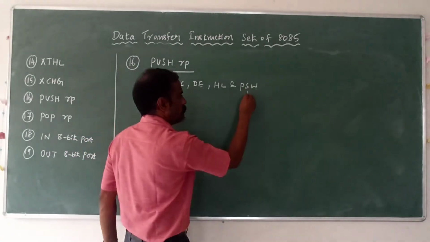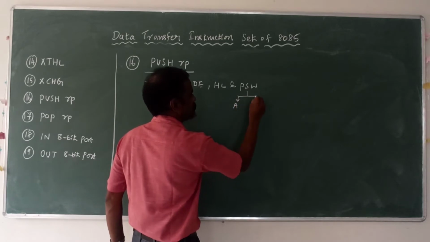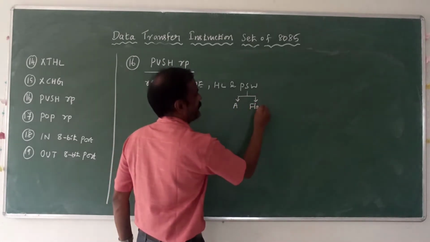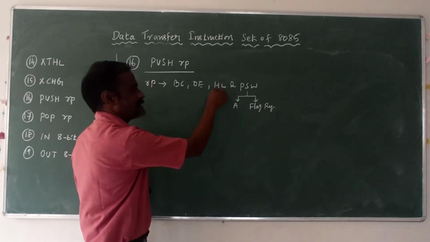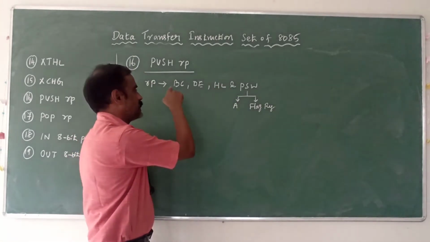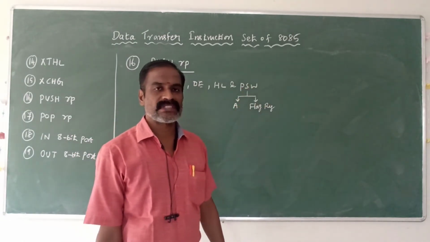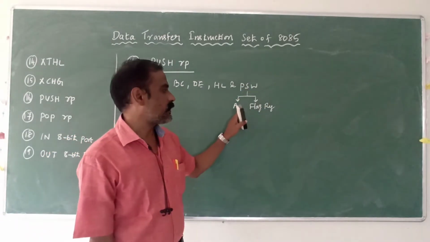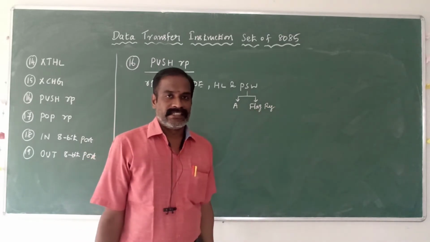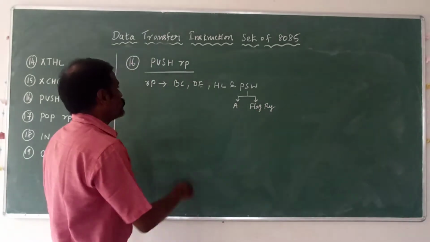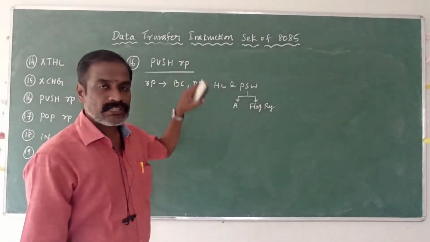It consists of the A register and flag register content. Here this is for HL, this is for DE and this is for BC. And PSW means program status word. It is a combination of accumulator content and flag register content.